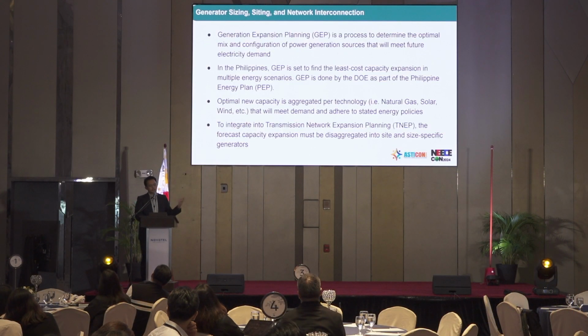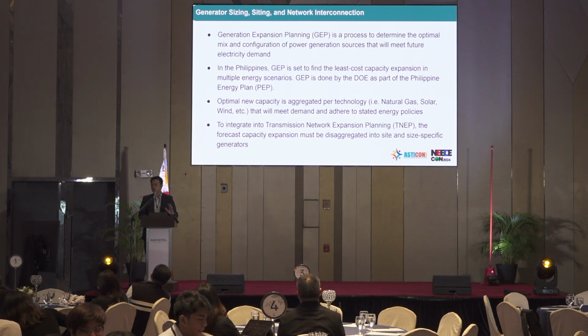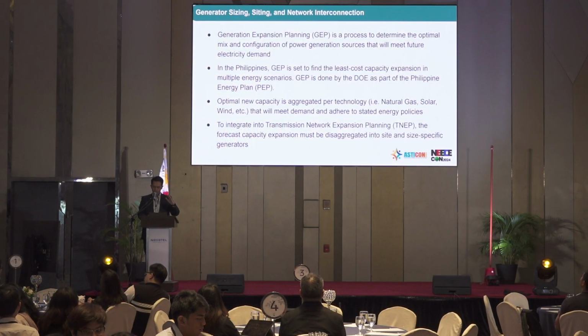Generation expansion planning is basically a process used by energy planners like the DOE and other utilities to find the optimal or least cost configuration of the power generation mix that meets future demand.